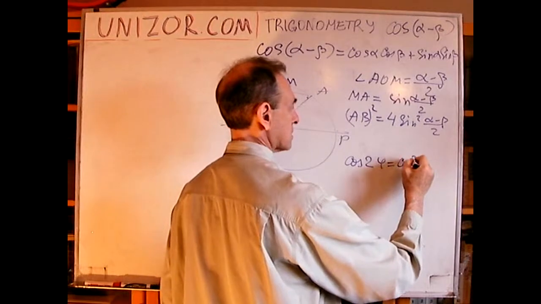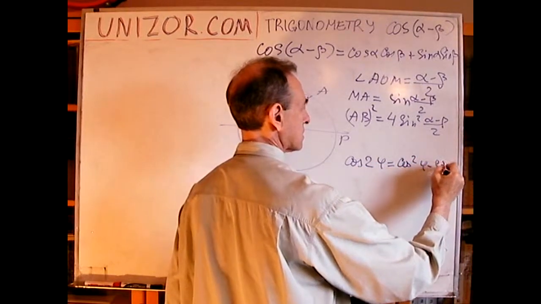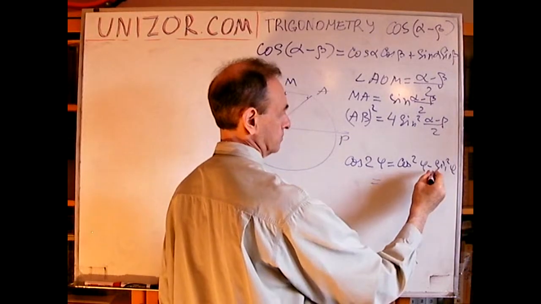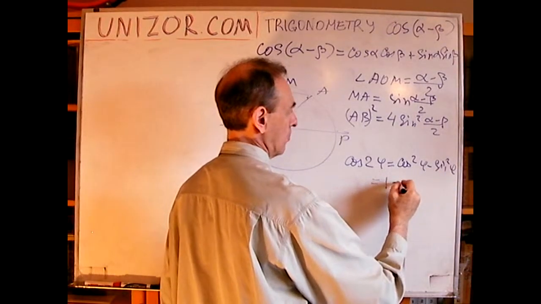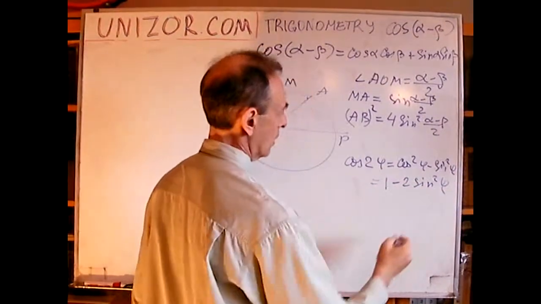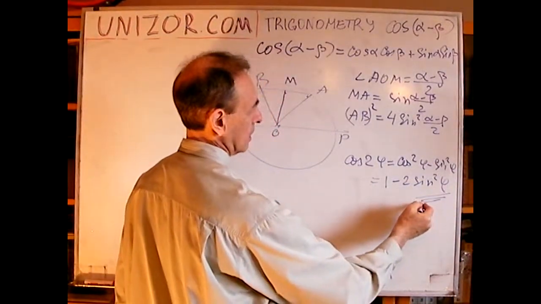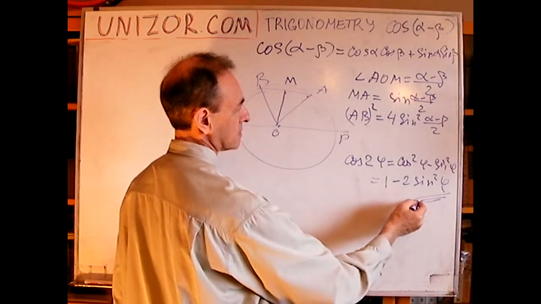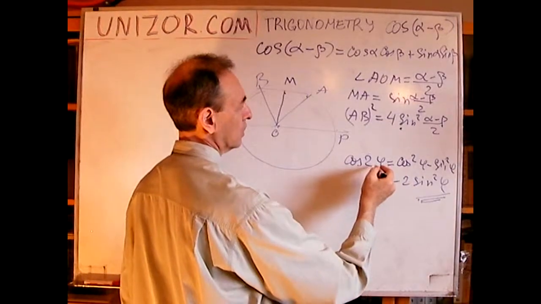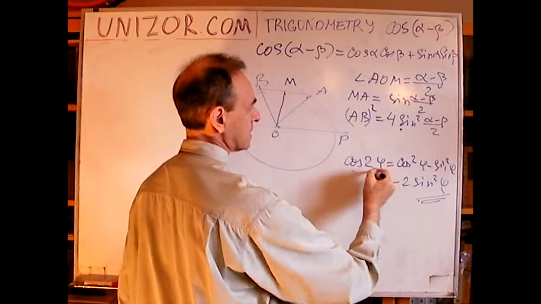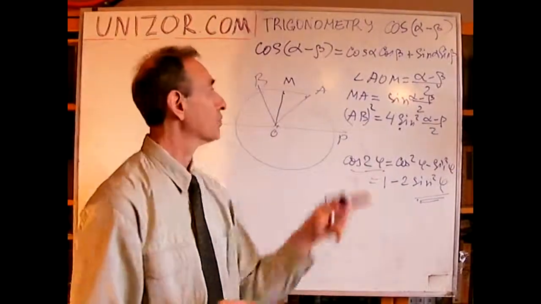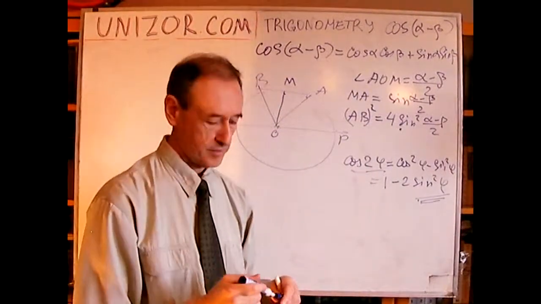It's cosine square phi minus sine square phi, or 1 minus 2 sine square phi. Right, so from this I can get the sine square and substitute it here. So you will have a formula for cosine of alpha minus beta, exactly the same formula.